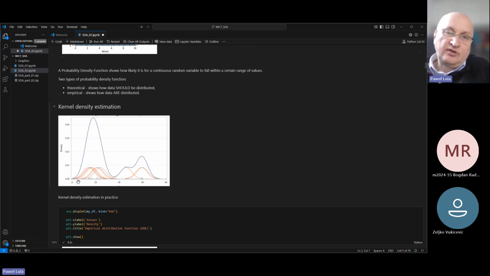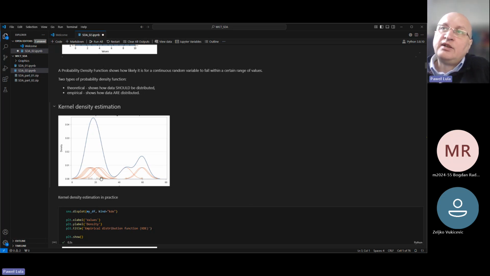Because for continuous random variables, when we can get any values from 0 to 80 in this case, the probability of occurrence of one specific value is always equal to 0.